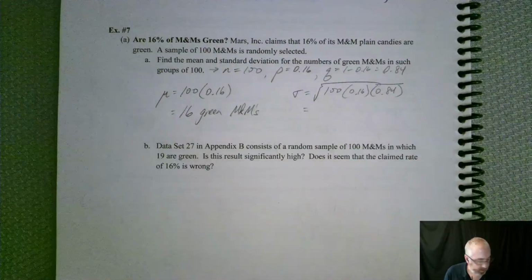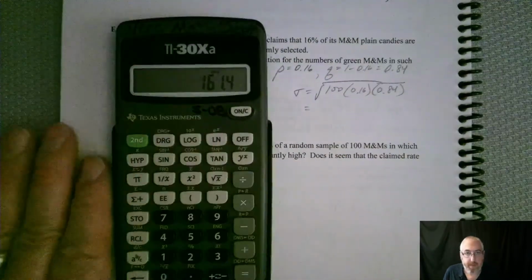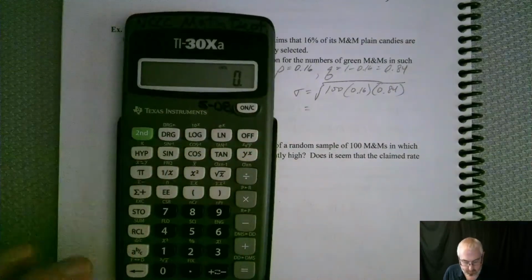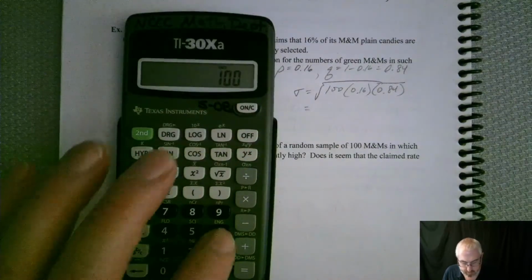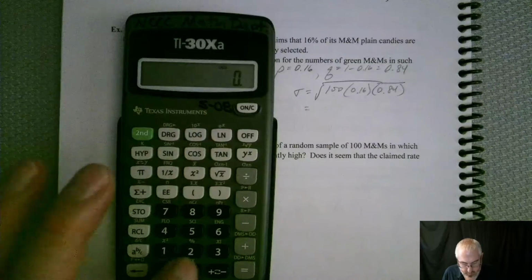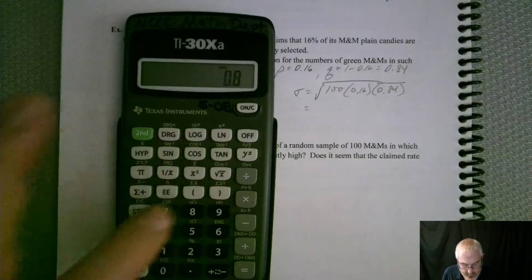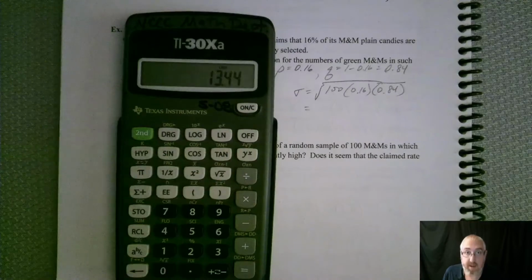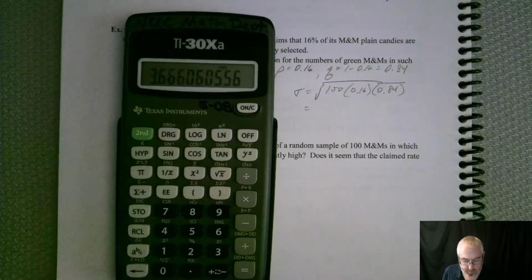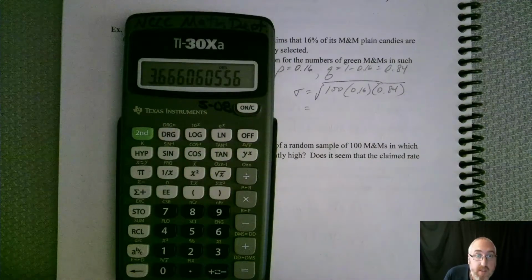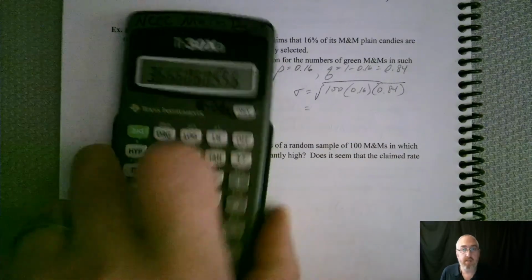So let's get our handy dandy calculator. So we got 100 times 0.16 times 0.84 equals that, and then we got to square root it. So 3.66606, blah, blah, blah.